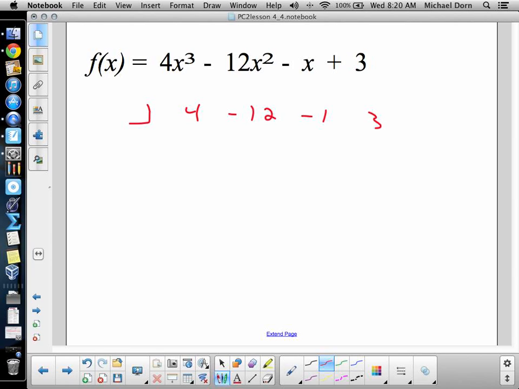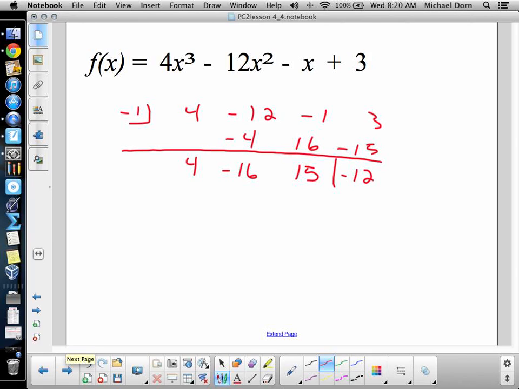But let's try negative 1, just real quick. 4, negative 4, negative 16, 16, 15, negative 15, negative 12. That doesn't give me a root, but it does tell me the point negative 1, negative 12 is on this function.